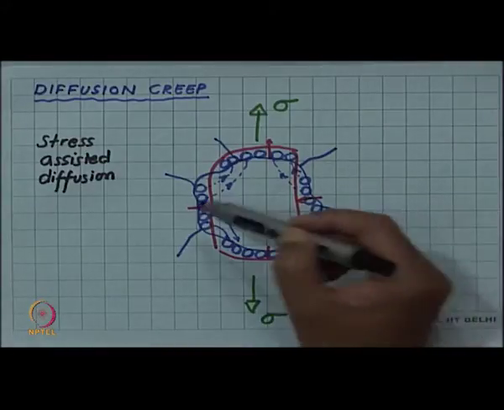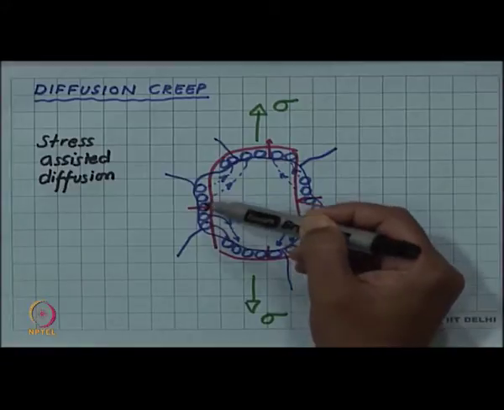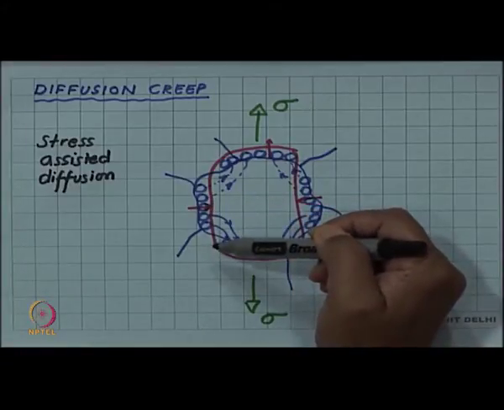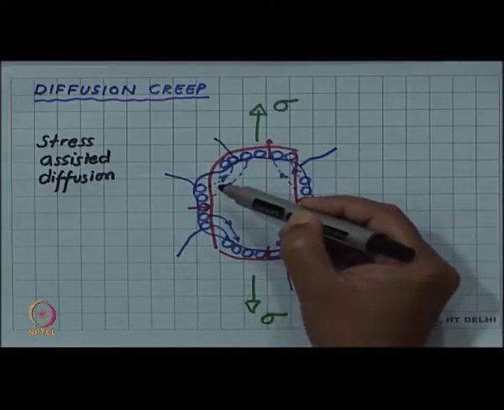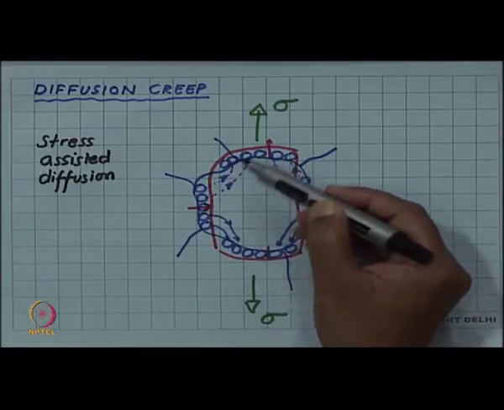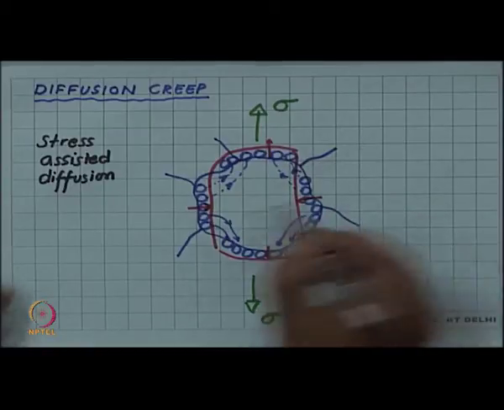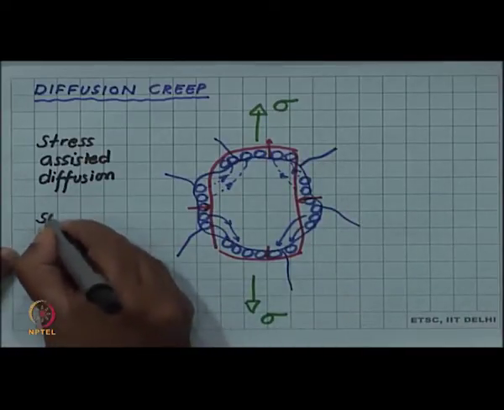Obviously, these atoms are atoms which make up the crystal, they are not interstitial atoms. So, these atoms can diffuse only by substitutional diffusion mechanism. So, the diffusion is still substitutional.